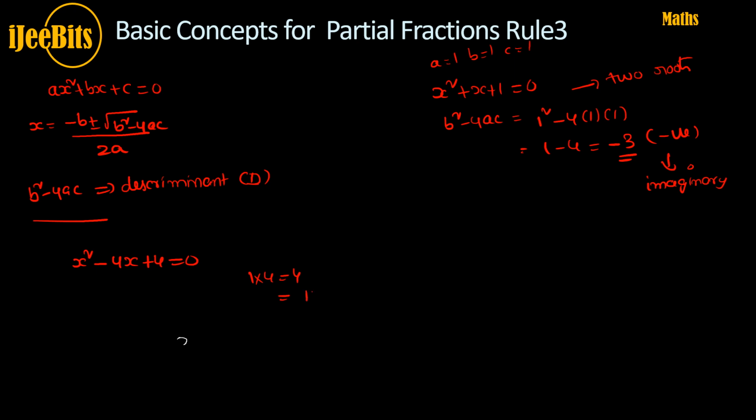When you say 1 into 4, 1 plus 4 is equal to 5, otherwise 1 minus 4 is equal to minus 3. Things are not working. The next step is 2 into 2. 2 into 2 is 4, and 2 plus 2 is also 4. If you put a minus on these two, minus into minus is plus, the product gives 4, and the sum is minus 4. I think probably this would work, correct?